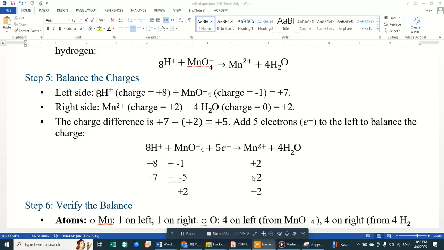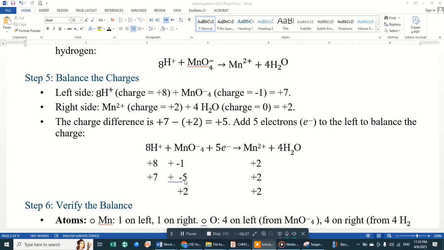So +7 charges on the left-hand side and +2 charges on the right-hand side. How can we balance these charges on both sides?